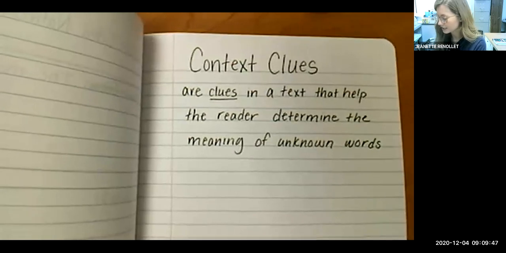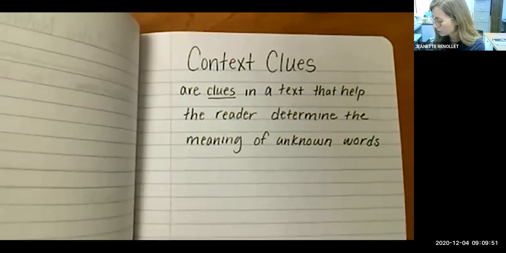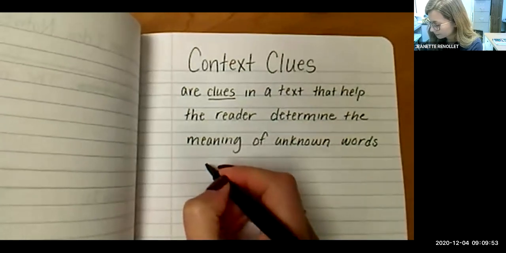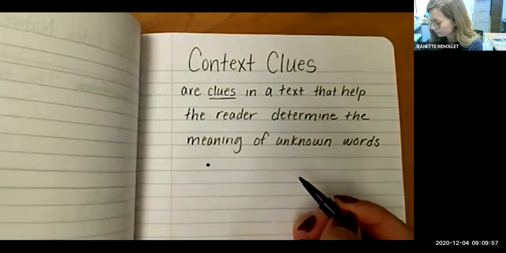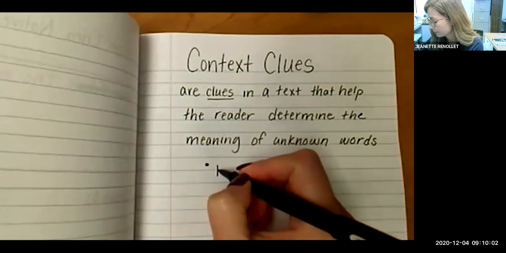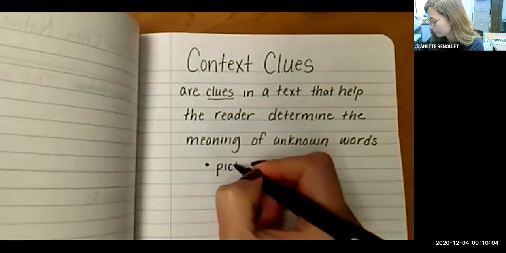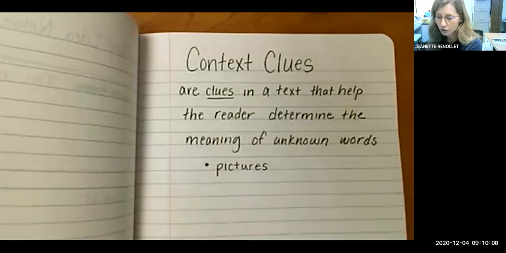We're going to make a list of the types of clues we often use. So I'm going to put a little dot like this because I'm going to make a list. The first type of clue we can use: pictures.